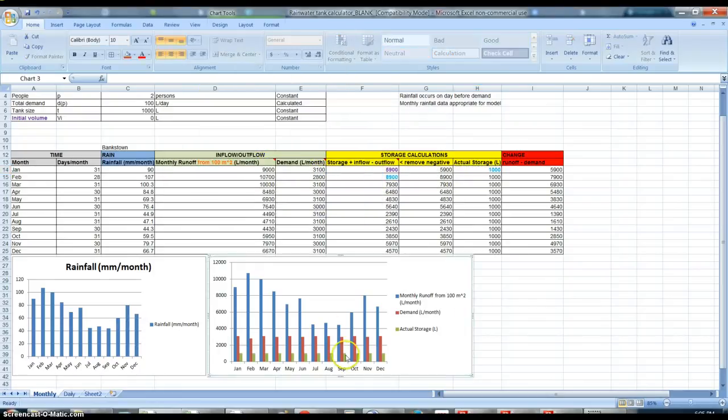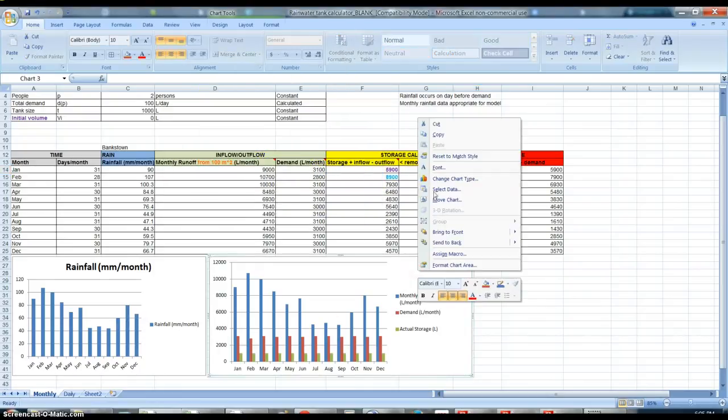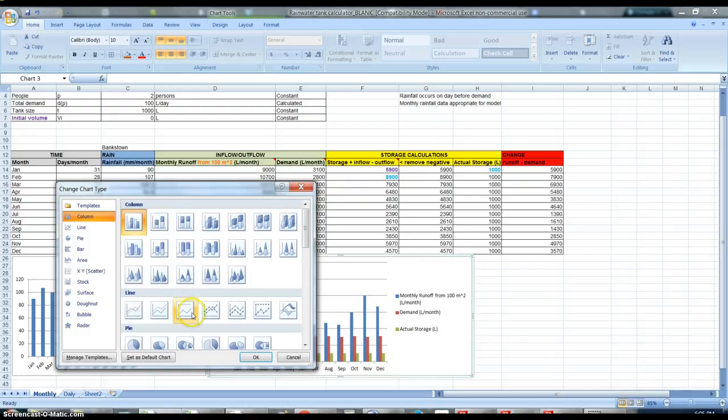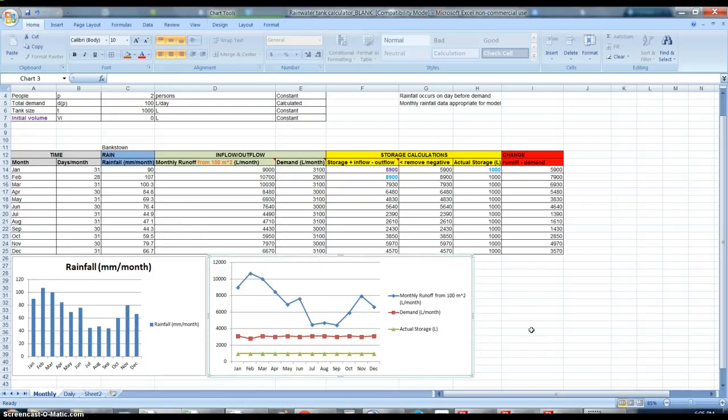Okay, so there we go. I might change the chart type. That's a bit better. Alright, so now we can see all this data in a graph. It's much easier to interpret. So we can see the total amount of runoff that's coming in, and that's related to the rainfall. You can see it's quite large up here, and it's dipping down over winter.